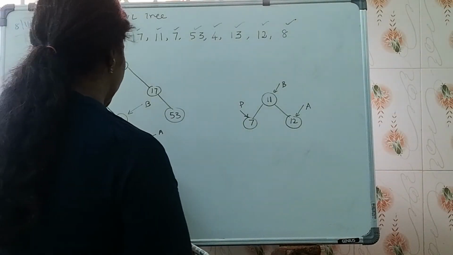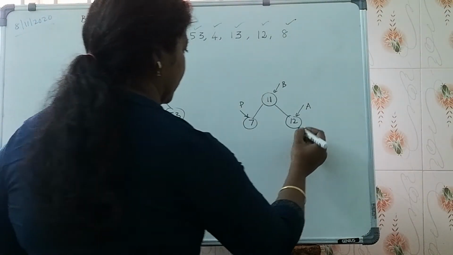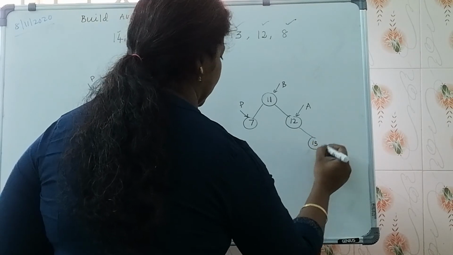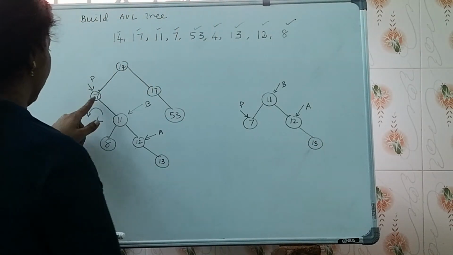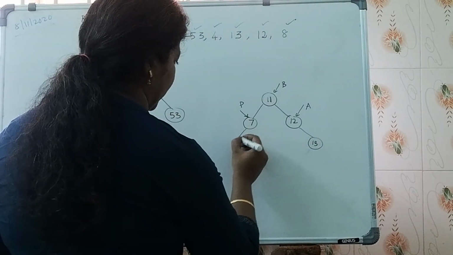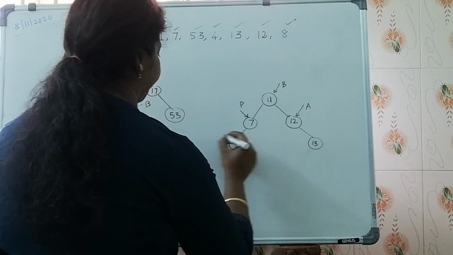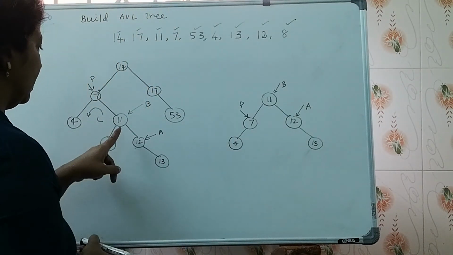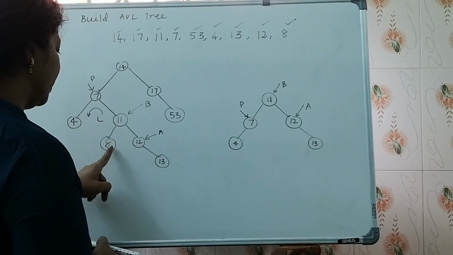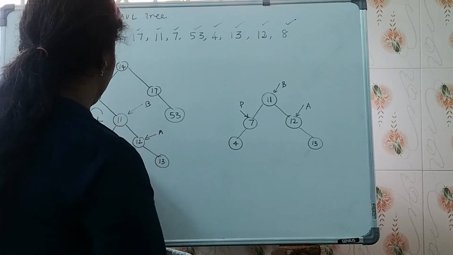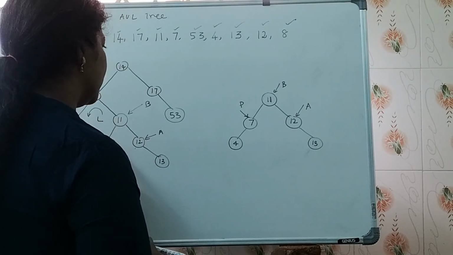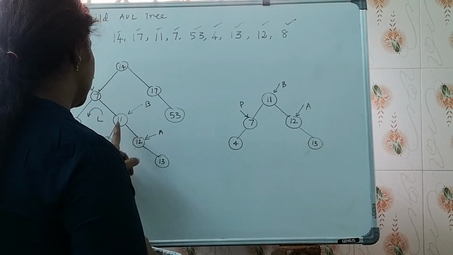Okay. So you take this A right will go here, which is 13. And then 7 left will go here, no changes. Okay. Now 11 left child is 8. Okay. So now where we have to insert, it should be lesser than 11.